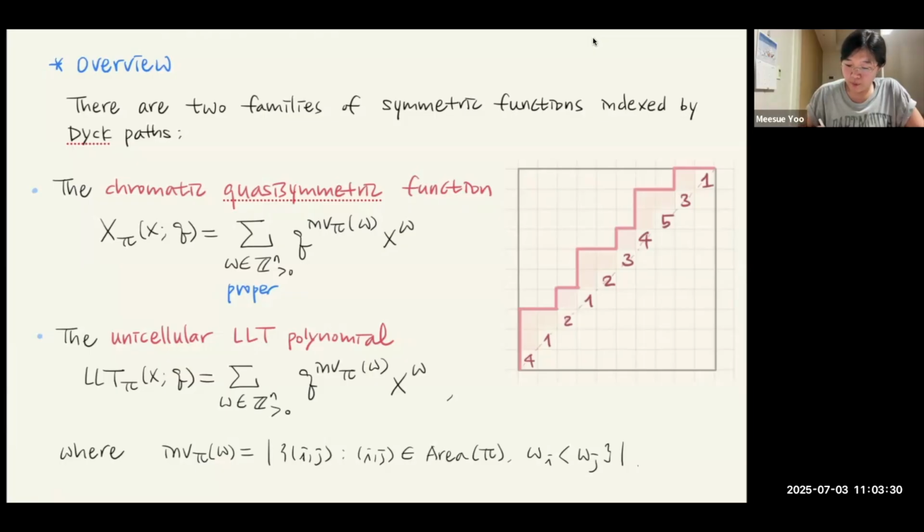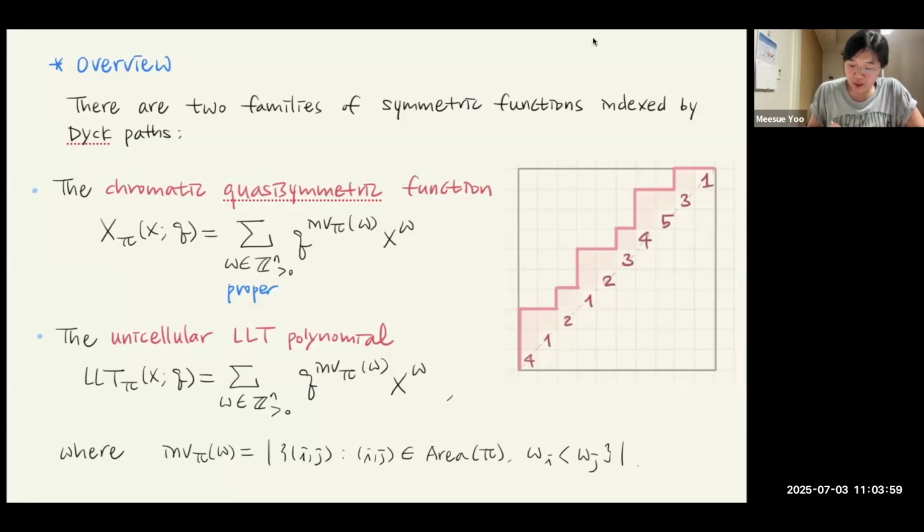And so the proper condition for the chromatic functions defined over the Dyck path is such that for those cells between the diagonal and the Dyck path, for example, the value on this column and the value in this row should be different.